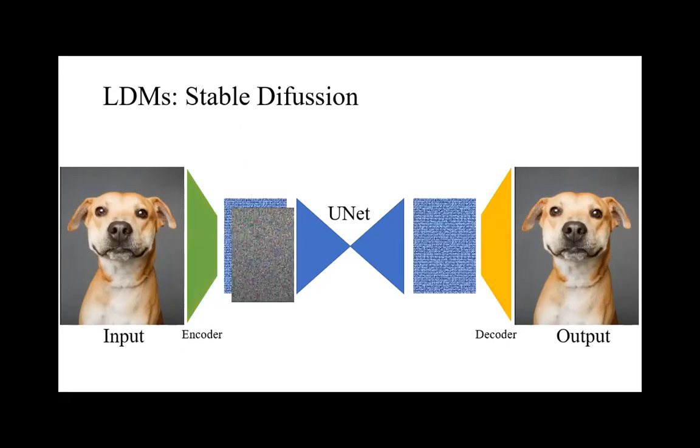But what the authors propose with LDMs is this approach. If you remember autoencoders, we have an encoder and an image, and my encoder is going to embed my input into some latent space. Let's say that's the blue box behind. Now I'm going to perform the diffusion process in the latent representation.